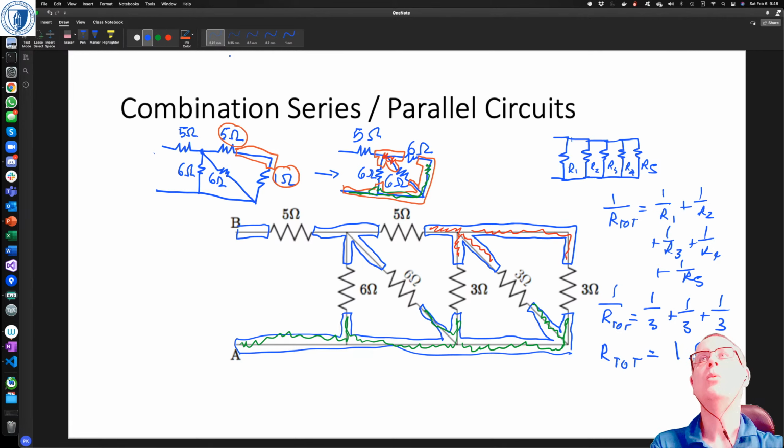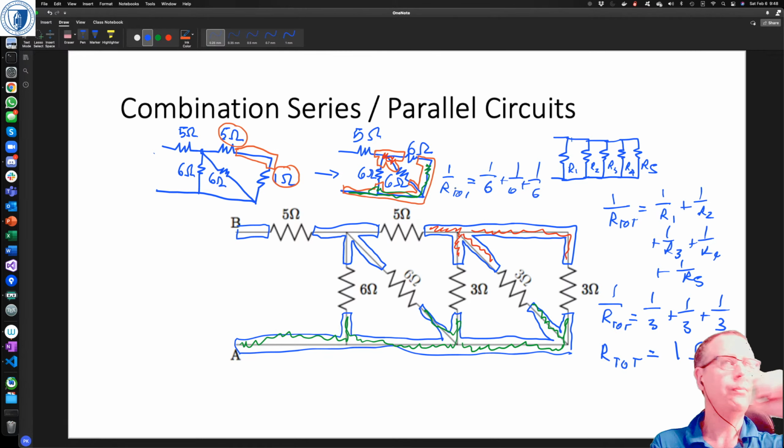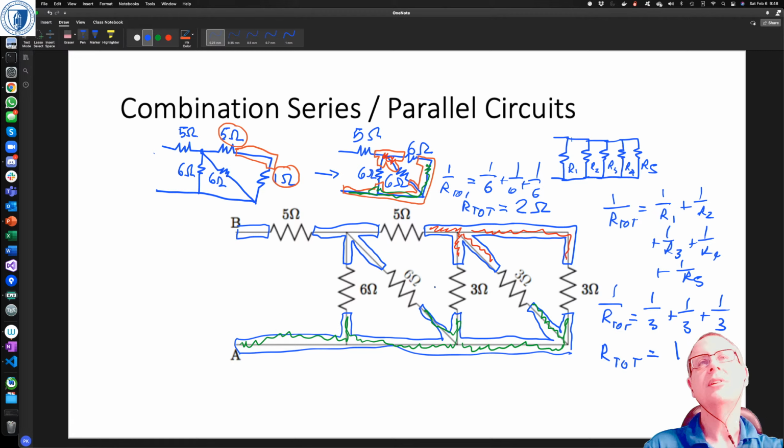One on R tot equals 1 on 6 plus 1 on 6 plus 1 on 6. So that means that R tot, the second one, is equal to 2 ohms. Right, because 1/6 plus 1/6 plus 1/6 is 3/6, which is 1/2. 1 on 1/2 is 2.